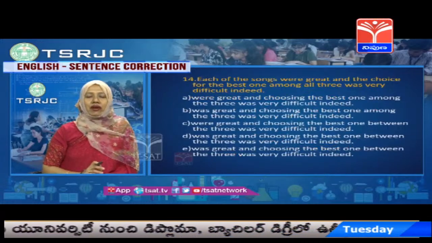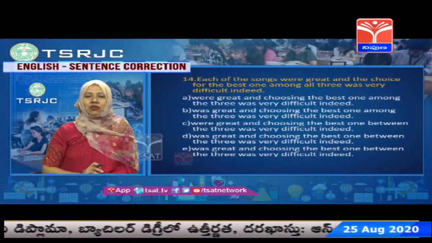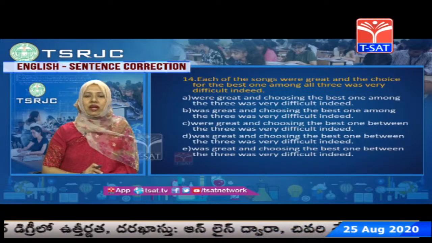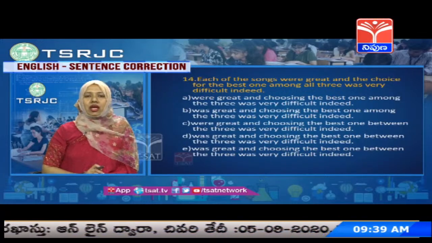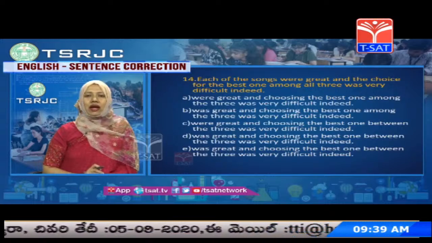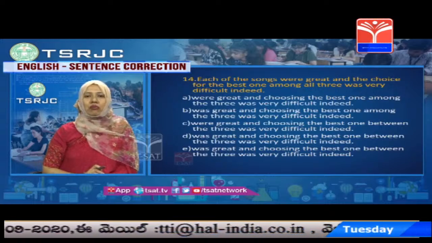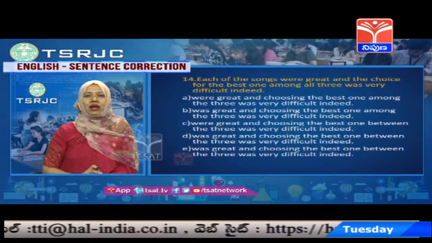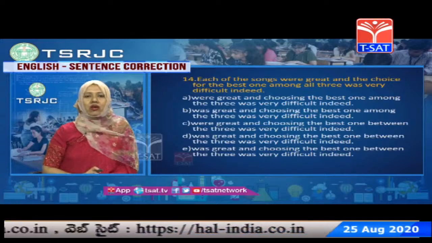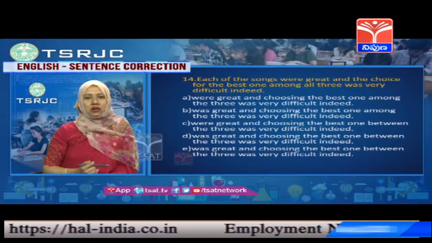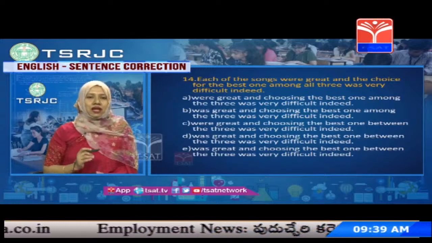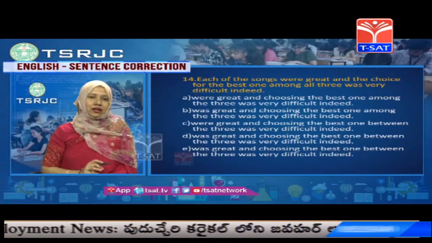Each of the songs were great and the choice for the best one among all the three was very difficult indeed. Each of the songs were great and the choice for the best one among all three was very difficult indeed. Now, if you look at the options, there is some mistake in the whole sentence. They have not highlighted the sentence.